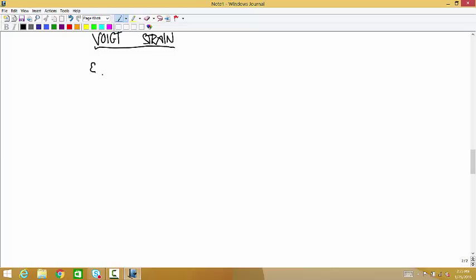Okay, so the first 3 are the normal strains, and they're exactly in the order you would expect. So EXX, EYY, EZZ. And then the next three are the shear strains, and those are in the exact opposite order you would expect. So gamma YZ, gamma XZ, gamma XY.